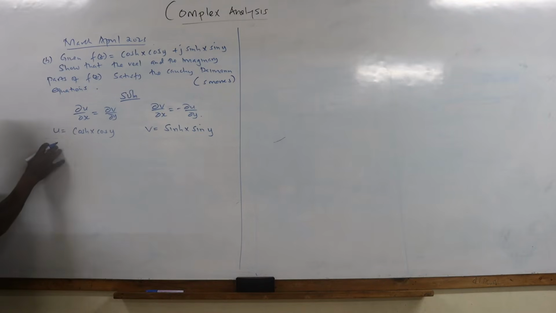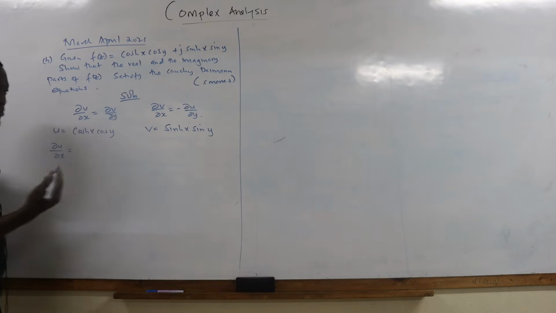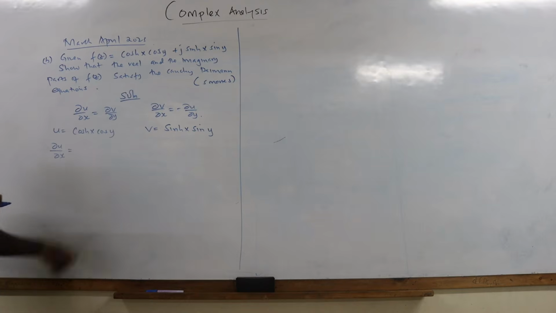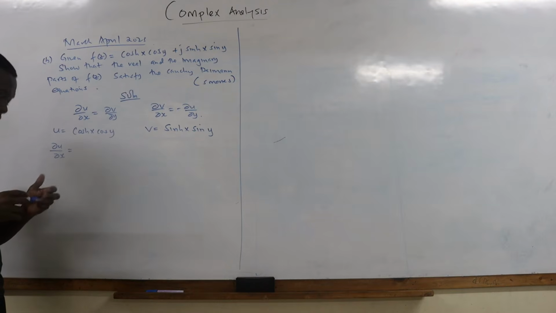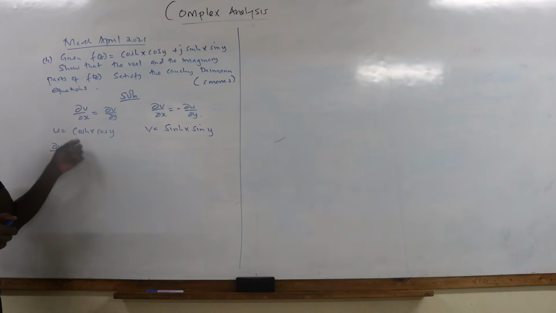So now let's differentiate with respect to x, and differentiate with respect to y. So du/dx. Now when you differentiate cosine and sine functions, they don't change negatives and positives, they just interchange.